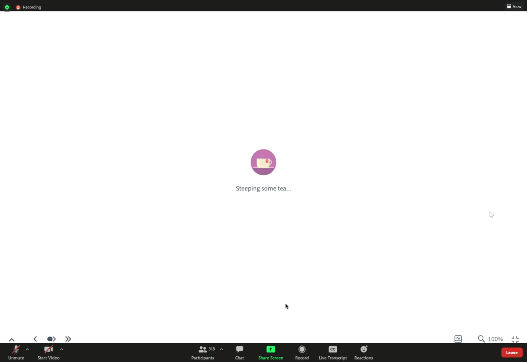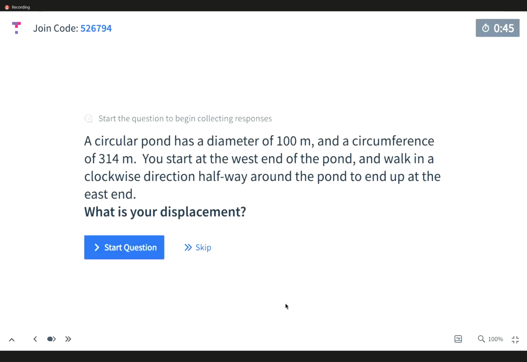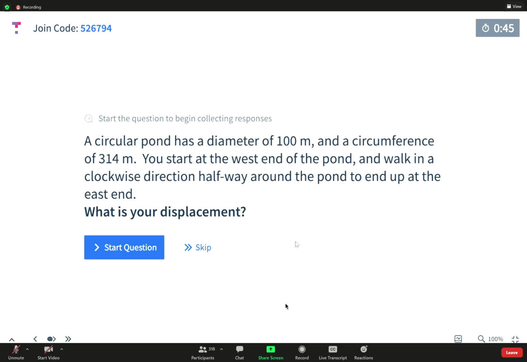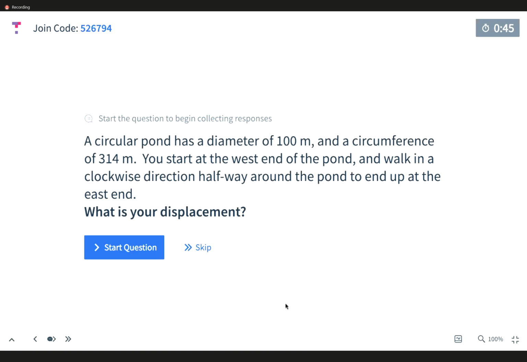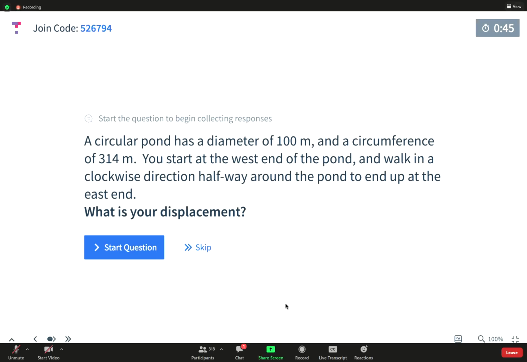But let's move on to one of the bonus questions, one of the in-class voting questions, which actually relates to the question that you just asked. We're on a circular pond with a diameter of 100 meters and a circumference of 214 meters.